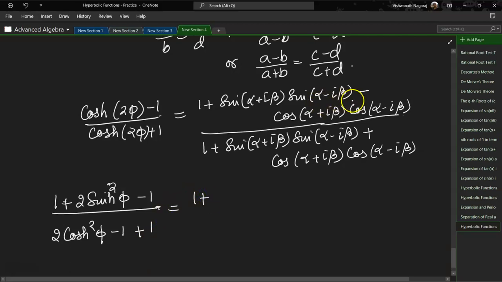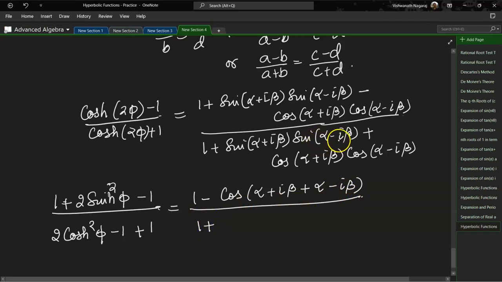Now here we have sin A sin B minus cos A cos B. What we require is cos A cos B minus sin A sin B. So let's reverse those signs by putting a minus here. And what we end up with is cos(alpha + iβ + alpha − iβ) divided by 1 plus, this is sin A sin B plus cos A cos B, so this becomes cos(alpha + iβ minus alpha plus iβ). In the numerator we have cos(A plus B), and in the denominator we have cos(A minus B).